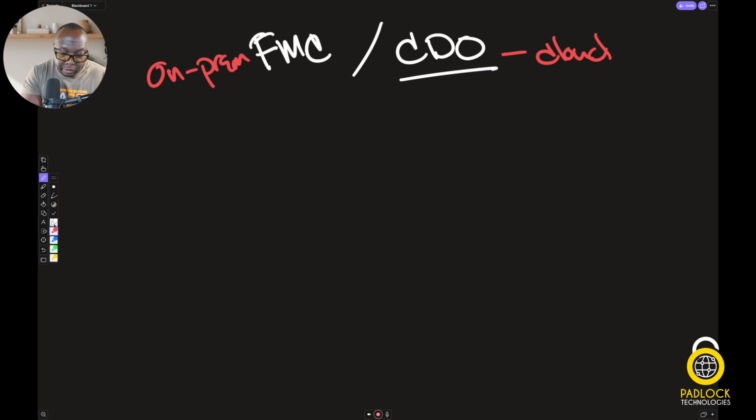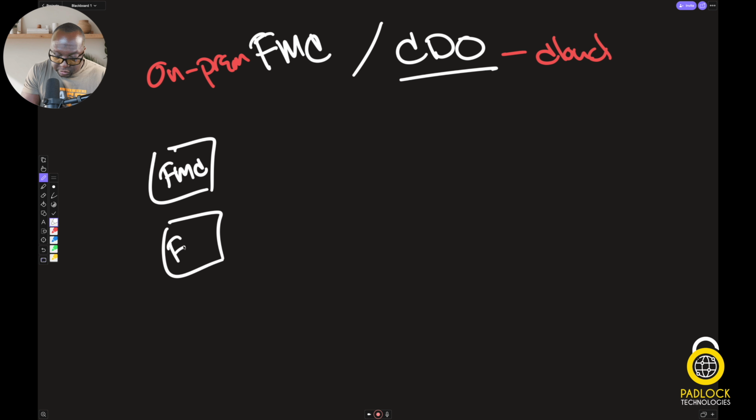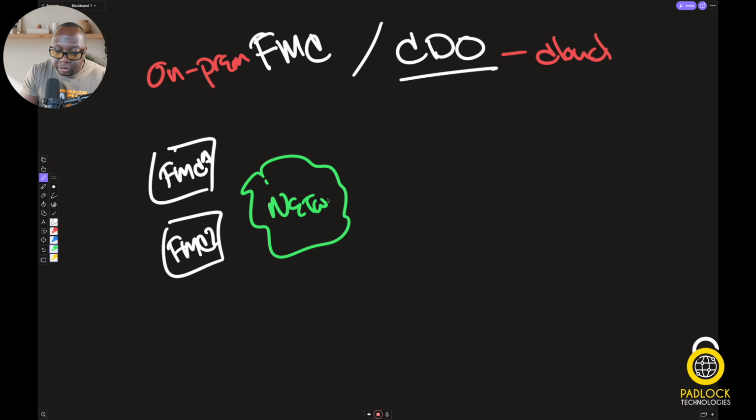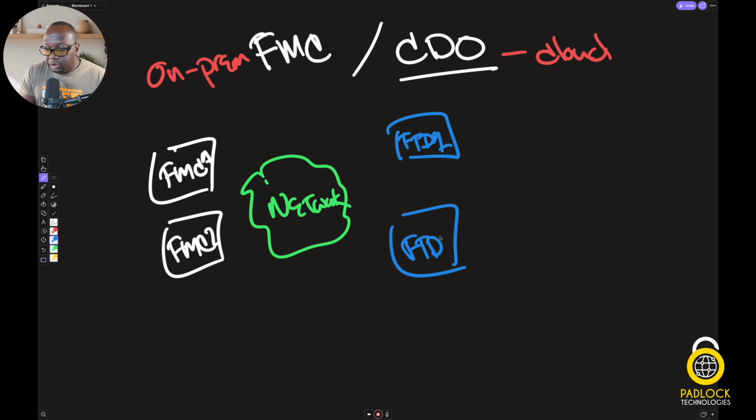So on-prem would basically be FMC, maybe HA FMC if you want. Let's go with that, FMC 1 and 2. And then I'll just say network in the middle. So this is your network in the middle. And let's say we have FTD1, FTD2.